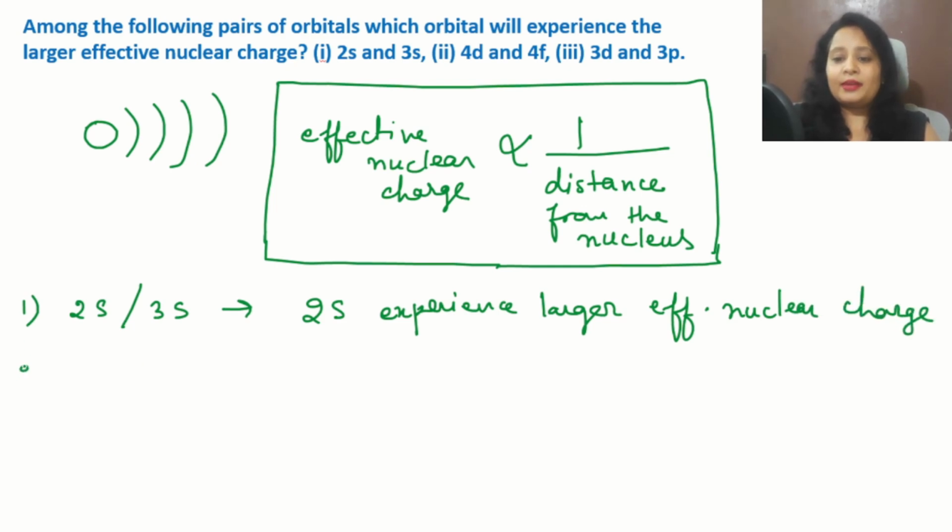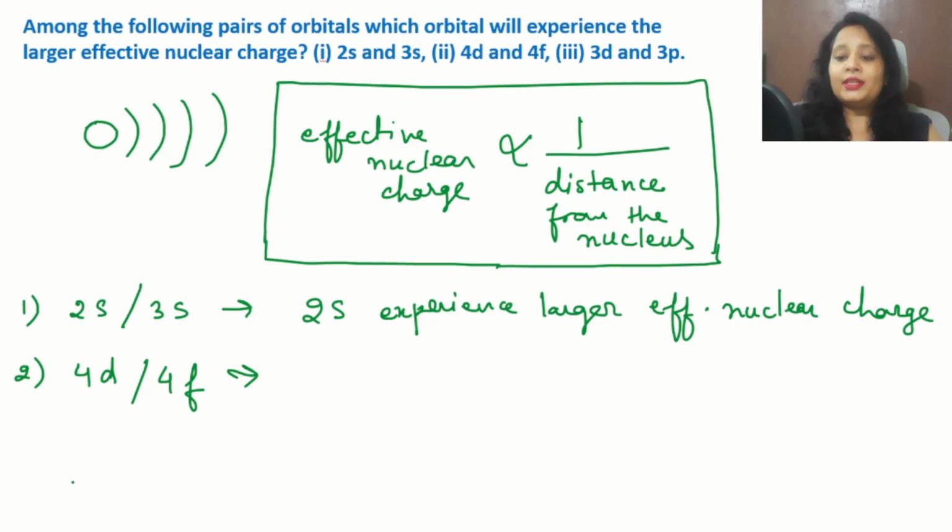Come up to the second part. Again we have a set of 4d orbital and 4f orbital. Now in this case the principal quantum number n is the same, 4 and 4, it means both are on the same shell, but here the orbitals are different. One is a d orbital, one is an f orbital.